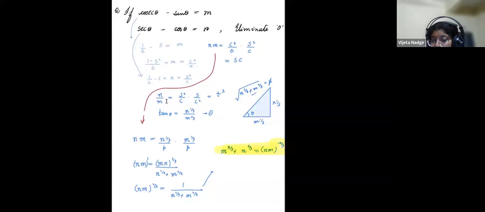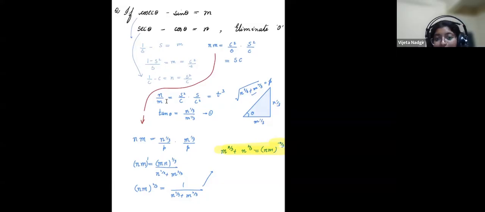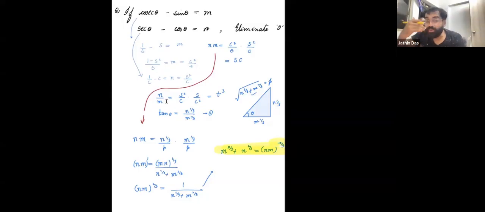But technically, we aren't eliminating theta at all, because in the final equation there is no theta, but it is still there in that m, right? That cosec minus sine theta. But I want to find an equation where there is no theta. That is the meaning.